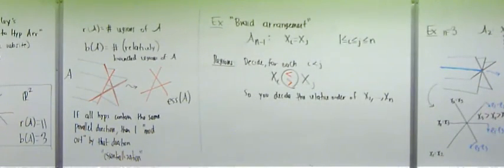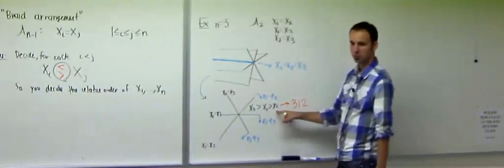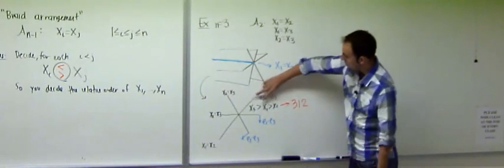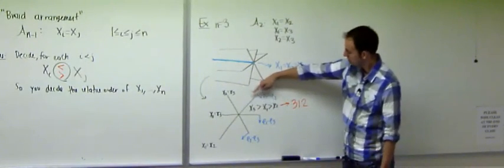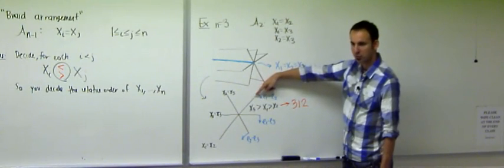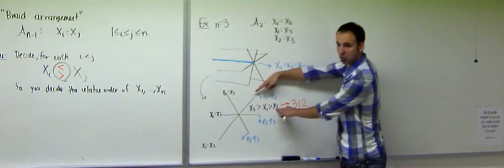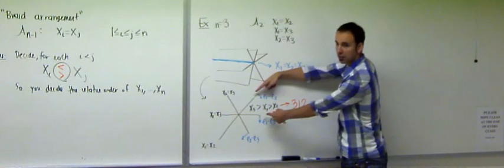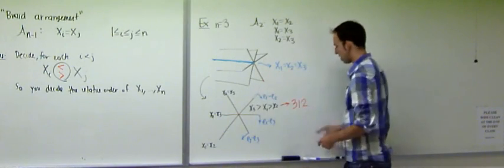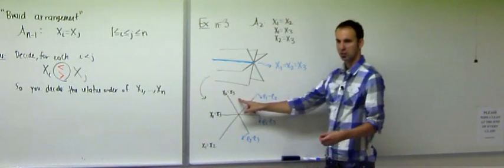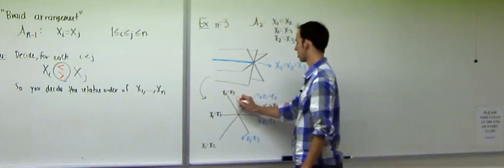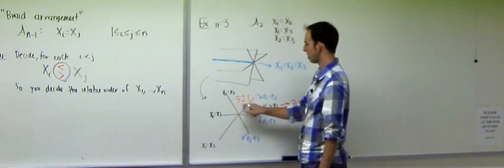So let me denote this 3, 1, 2, because x3 is bigger than x1 is bigger than x2. Okay. So what happens when you cross this hyperplane? You're crossing the hyperplane x1 equals x2. So that means that now, instead of x1 being bigger than x2, they're going to switch. And x2 is going to become bigger than x1. So this is going to be where x3 is bigger than x2 is bigger than x1. So the order is 3, 2, 1.